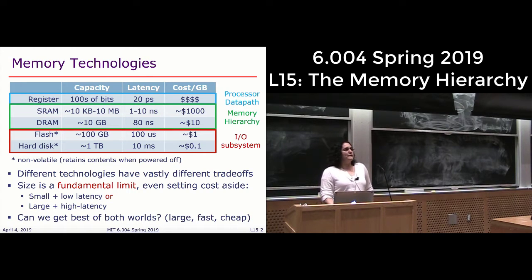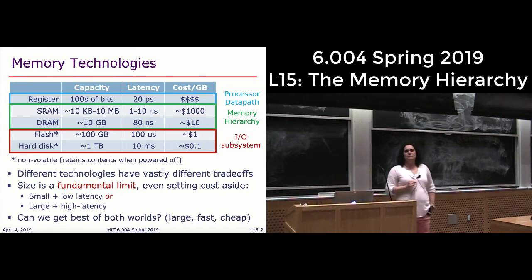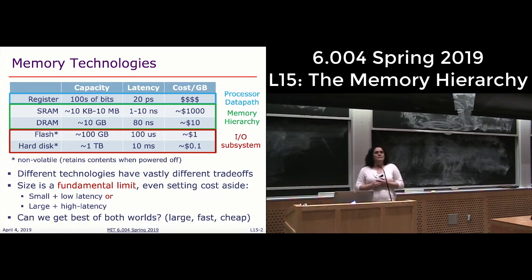However, the capacity that we're able to support with SRAMs is on the order of kilobytes to megabytes, and with DRAM, which is what most of our main memory is made of, we can actually support gigabytes. So now we're talking about significantly large capacity that we can do a lot of work with. Then we have our third category. Until now we've talked about main memory being humongous and large enough to hold all of our storage needs, but in reality, we store so much nowadays that you need more than main memory.